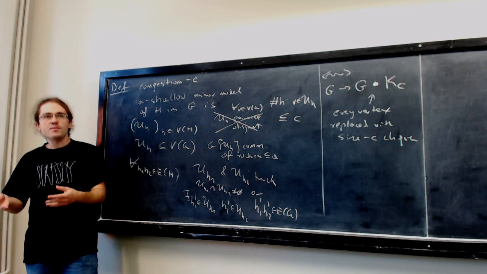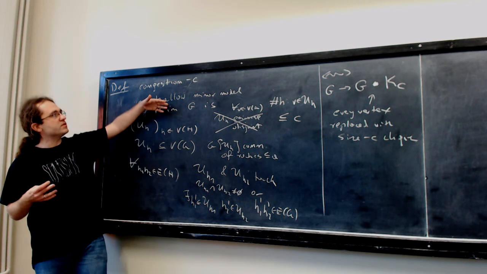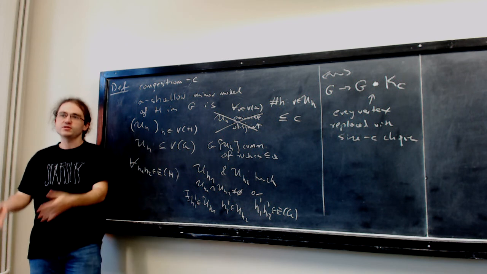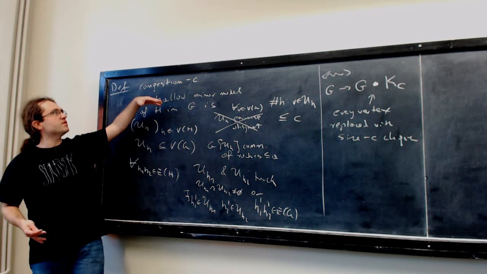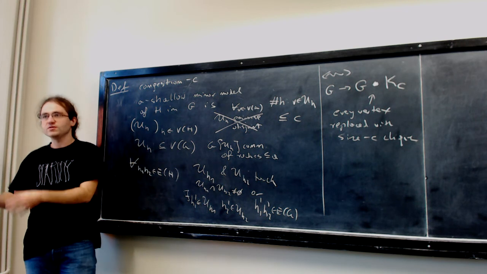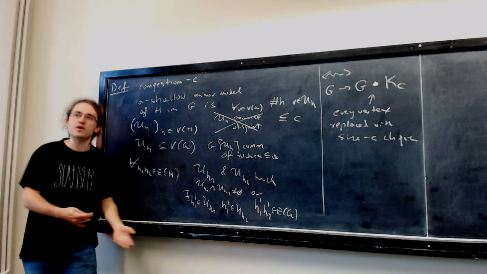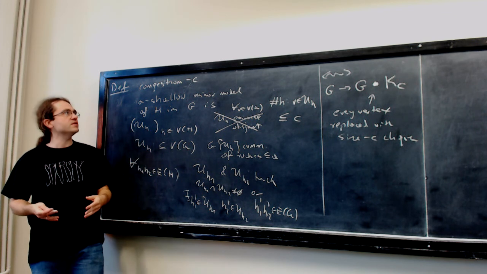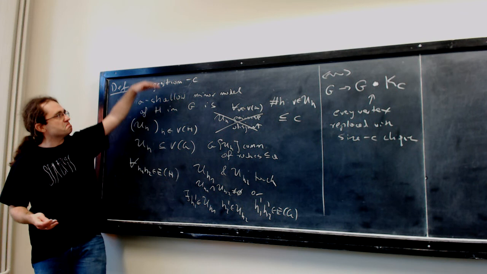We had a lemma saying that constant bounded shallow minor models of some graph class is still bounded expansion, and here we prove that bounded congestion, bounded shallowness minor models of some bounded expansion graph class is again bounded expansion, that you can control these grads, the density of the minor models inside such models.